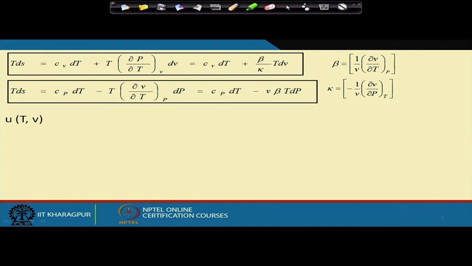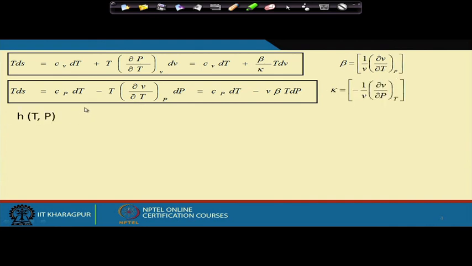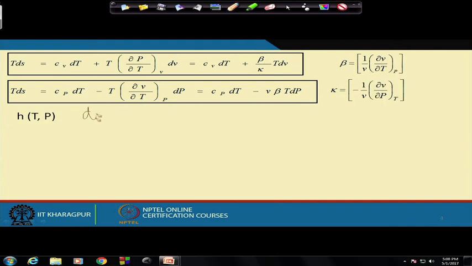We already know the basic equation. What is the basic equation that we know? We know du equals TdS minus PdV.